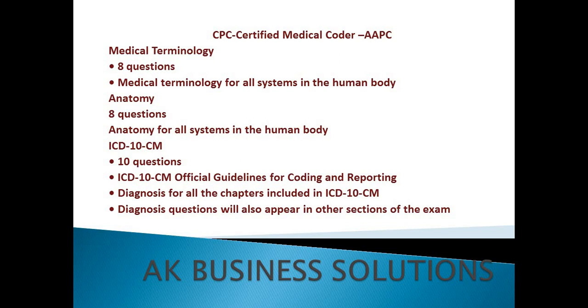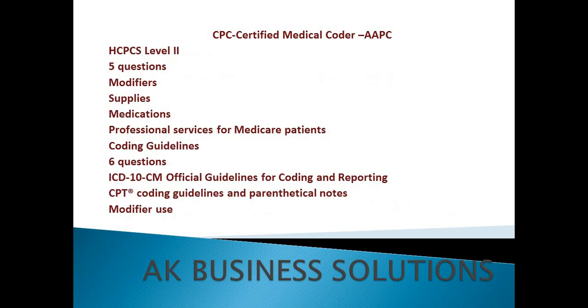The next is ICD-10-CM. 10 questions on ICD-10-CM, which is the diagnosis coding. So 10 questions are allocated to ICD-10 guidelines and diagnosis coding. Then 5 questions are for HCPCS coding. It's very easy, because HCPCS is clear-cut coding, no guidelines involved in this HCPCS coding.